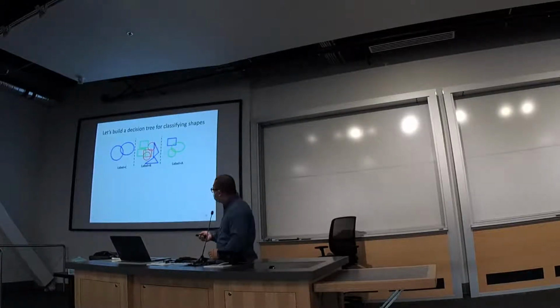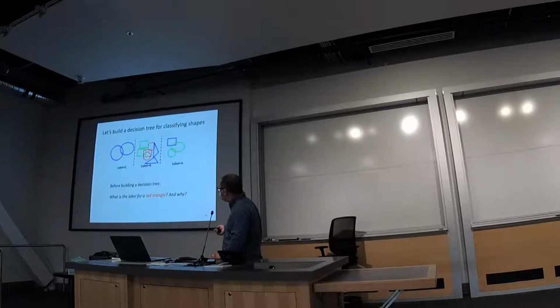Let's just use your intuition. Suppose I give you a test example, which is a red triangle. According to the data, which label do you believe is for the red triangle?